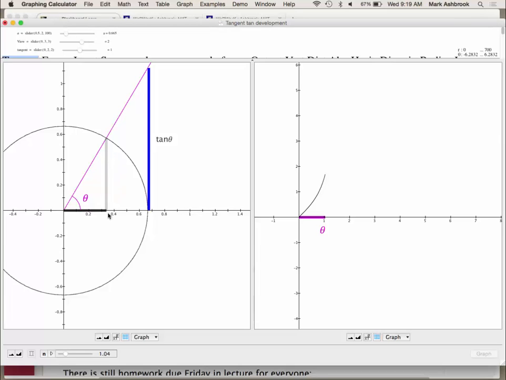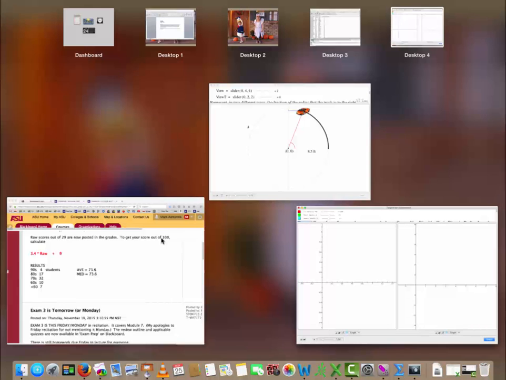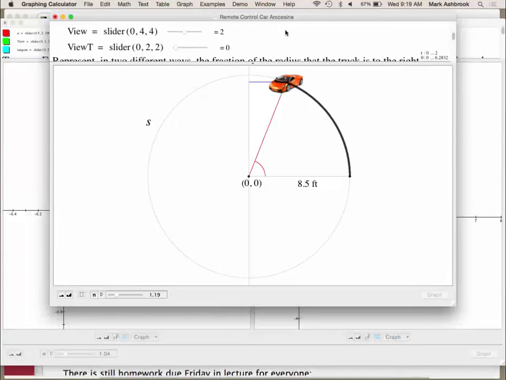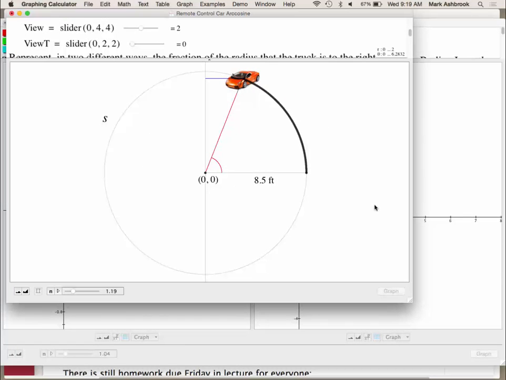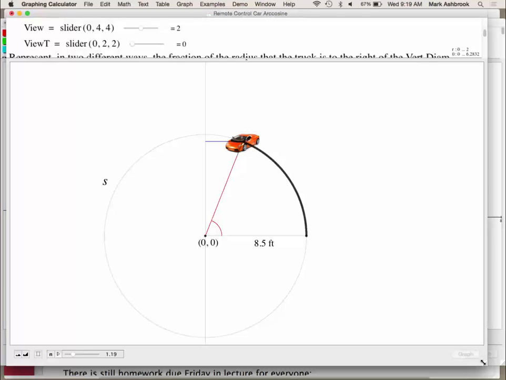And so let's make this circle bigger. Now let's do the car. We'll do the car. So there were some requests for the Lambo. Let's do the Lambo. Okay, so I've swept this angle theta. I'm not telling you what that angle theta is.